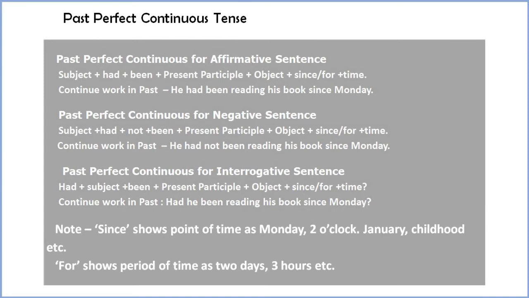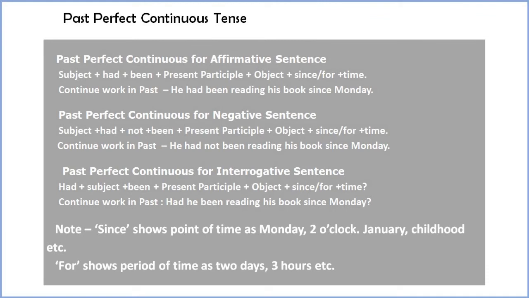For affirmative sentences, the rule is subject plus had plus been plus present participle plus object plus since or for plus time. For example, he had been reading his book since Monday. For negative sentences, the rule is subject plus had plus not plus been plus present participle plus object plus since or for plus time.